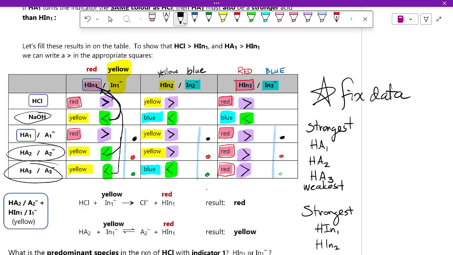In our little data range, there are two things that HIN1 is stronger than, only one thing that HIN2 is stronger than, and zero things that HIN3 is stronger than, because there are no stronger thans in HIN3. I'm only looking at the HAs because the HCl and the NaOH are just for comparison. They're just to give us data, so we can make those comparisons.